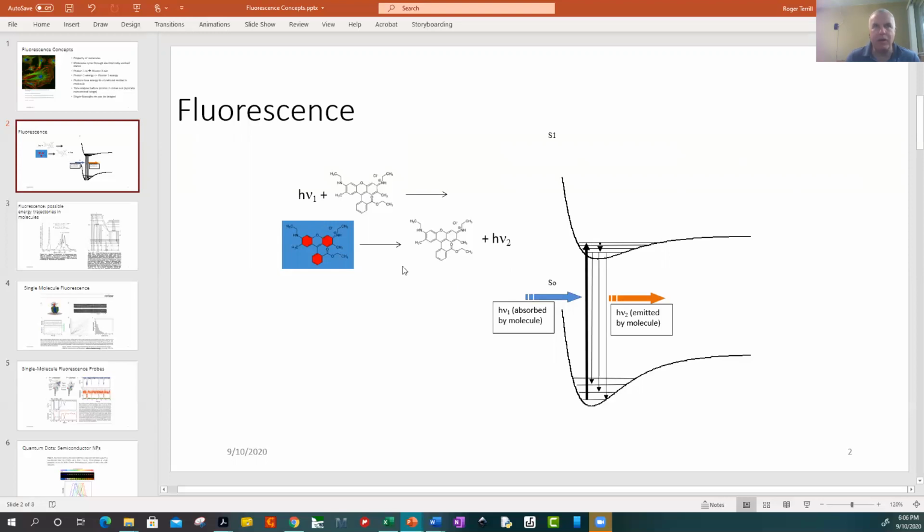Who knows the answer to that one? I'll give you a clue, E equals h nu, right? Can the photon coming out have more or less energy than the photon going in under normal conditions?